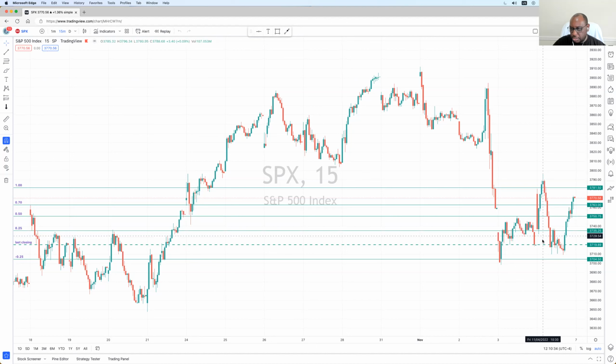So let's see. Yesterday we opened up, came back down, and I believe I bought the 37.30, 37.25. Guess how much I got that one for? Anybody guess? I got it for $2.50.